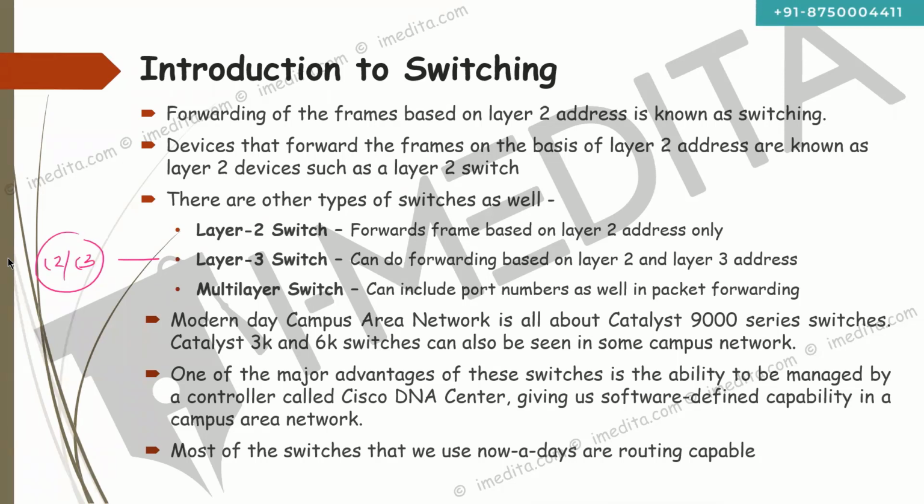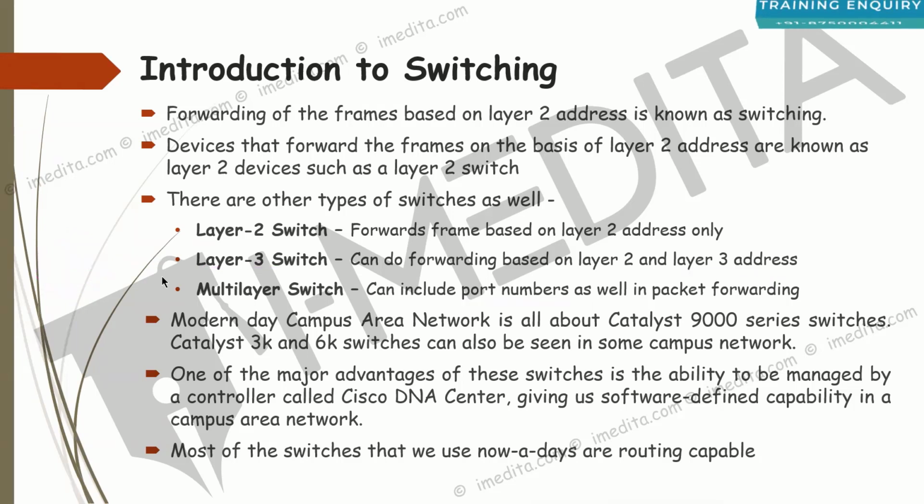However, the true definition of a multi-layer switch is that it can also take port numbers while deciding the packet forwarding. The layer 3 switch can just do routing. It cannot include the port number while deciding how to forward the data.